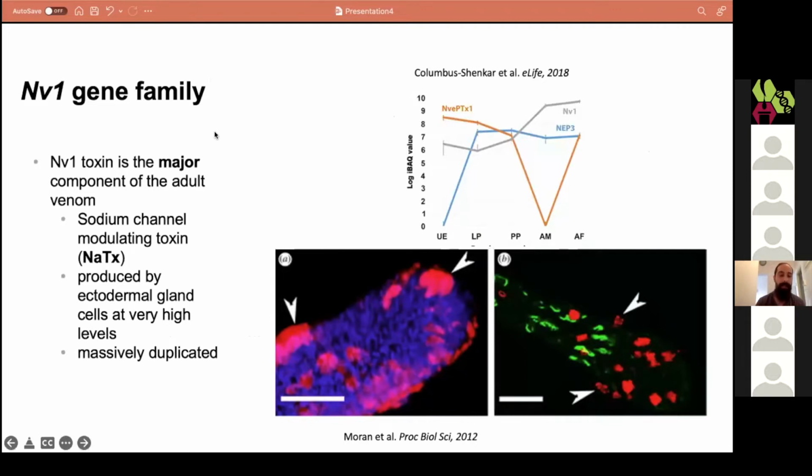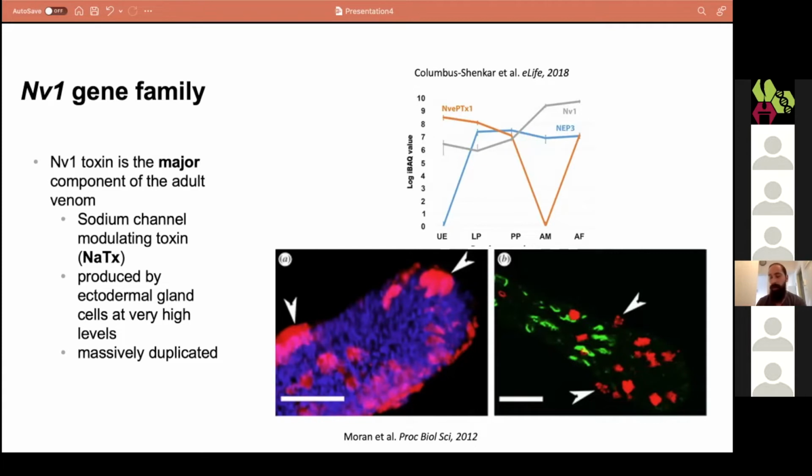And NV1 is a sodium channel modulating toxin that is produced in these ectodermal gland cells, not in the nematocytes. And what's really interesting about the NV1 toxin family is that it's found in a cluster in the genome with more than 10 copies that are highly, highly conserved.